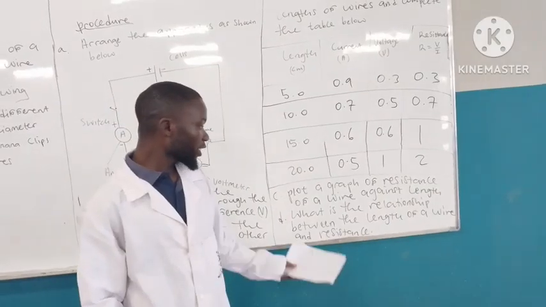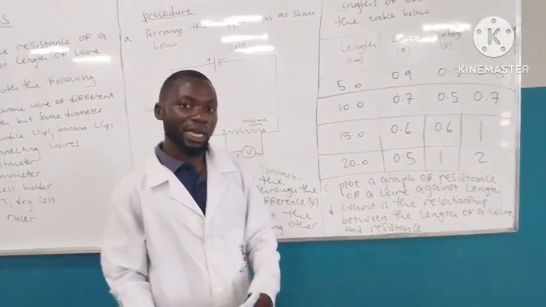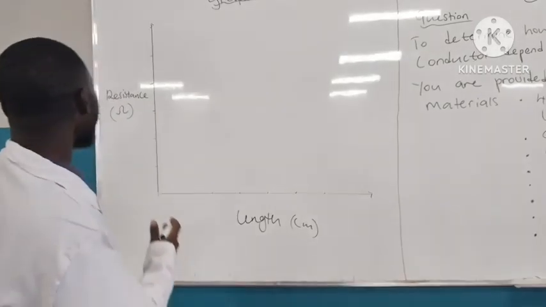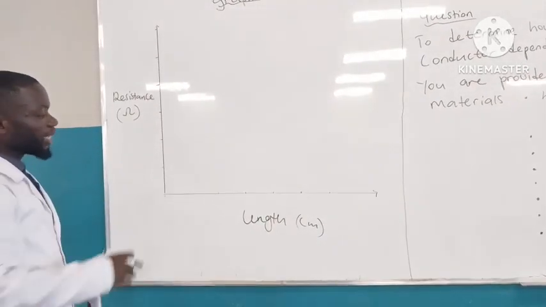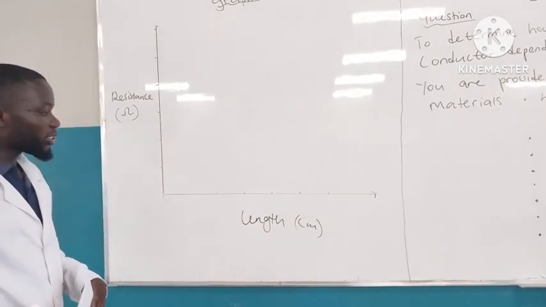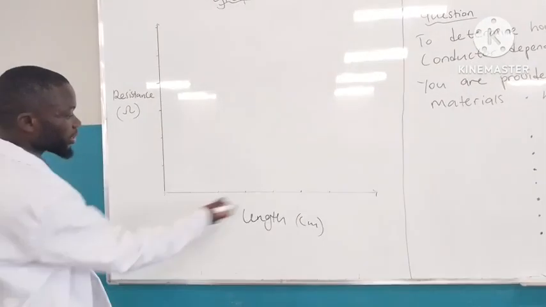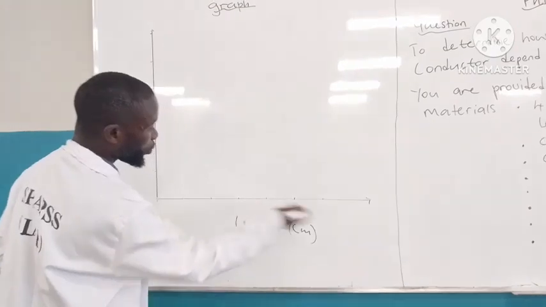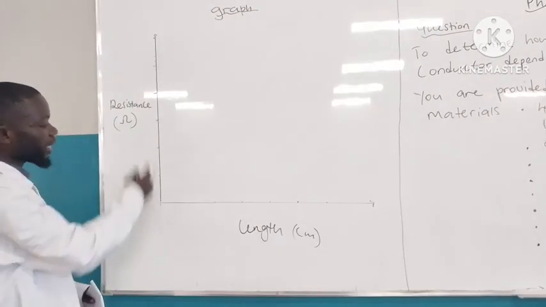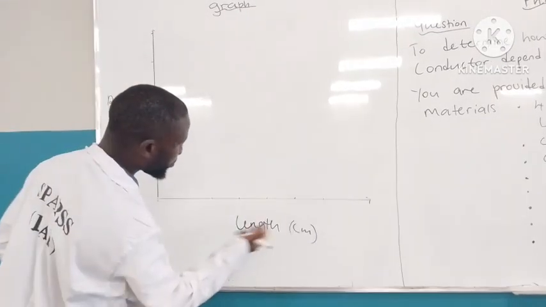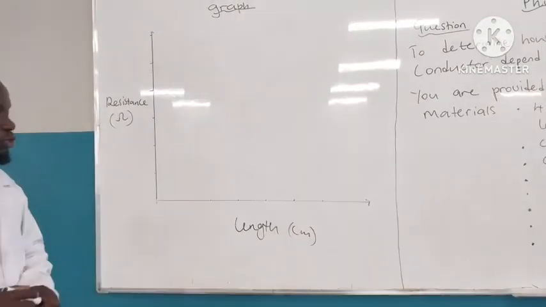Now let's plot a graph of resistance against length. Resistance should be on the vertical axis, and the quantity it is plotted against is listed horizontally. So resistance will be indicated on the vertical axis, while on the horizontal axis we put values of length.